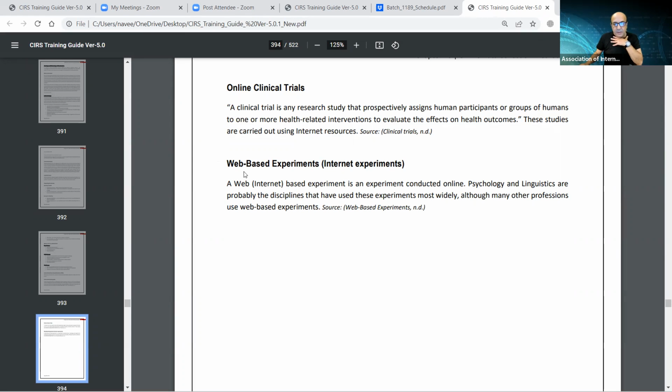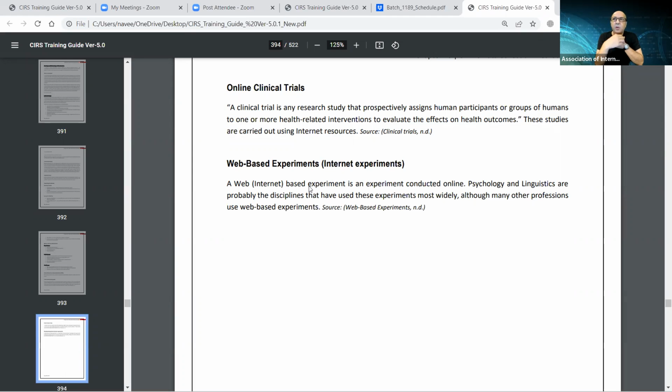Web-based experiments, in my knowledge and according to how we look at it, is observing something that is visually captured as clips of social experiments, something to do with ethnicity, something to do with compassion, empathy, attitudes, responses to certain opinions of some sort.